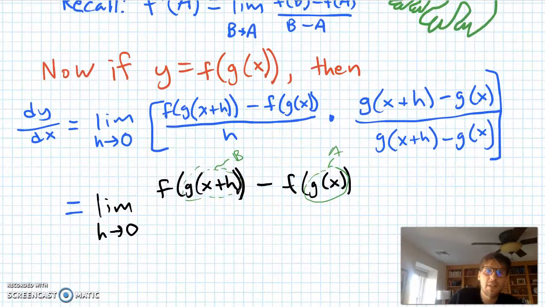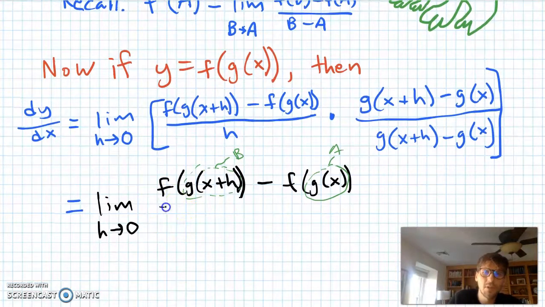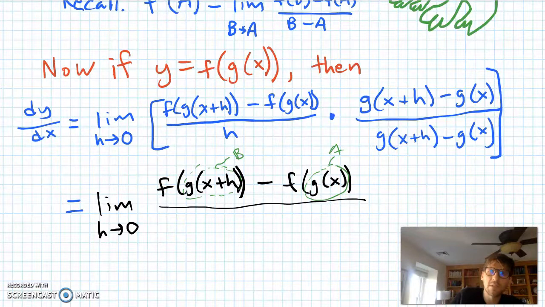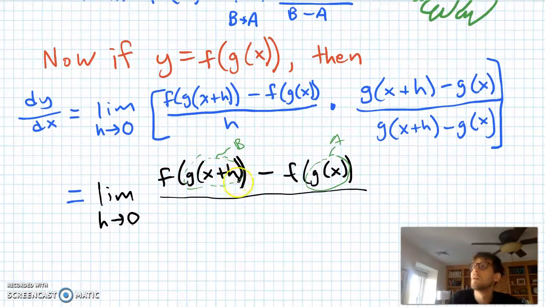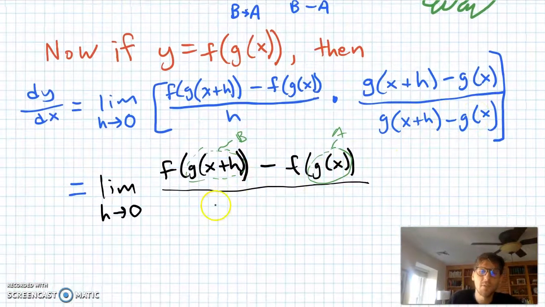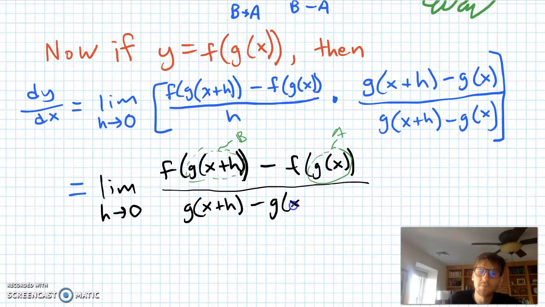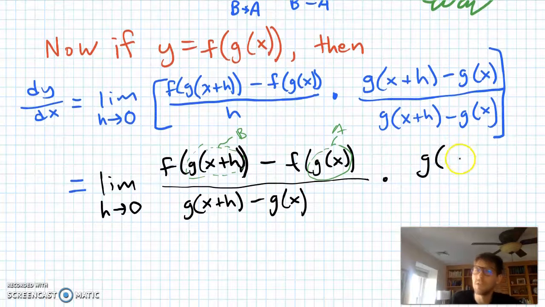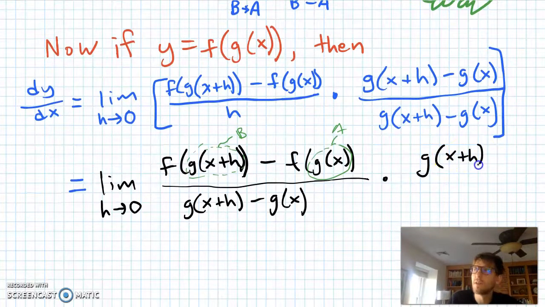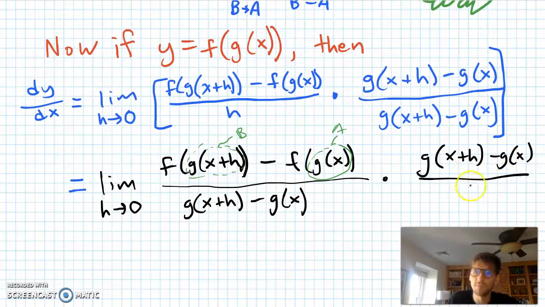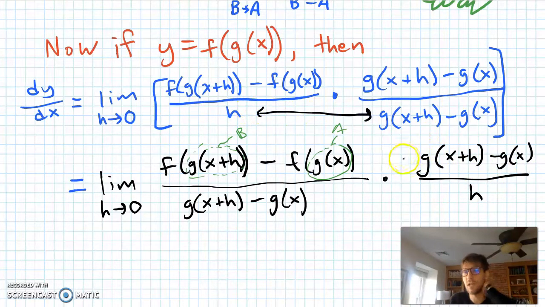And then in the denominator it's the same case, where now that I'm multiplying this over, we have g of x plus h minus g of x. What I'm able to do is switch these out, swapping this h and this other denominator.